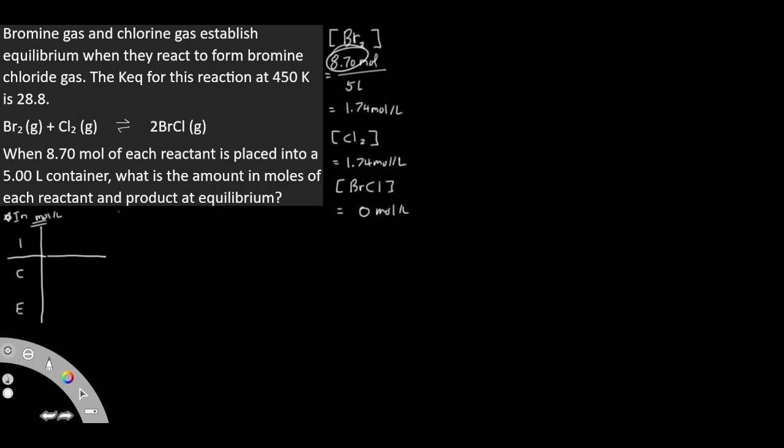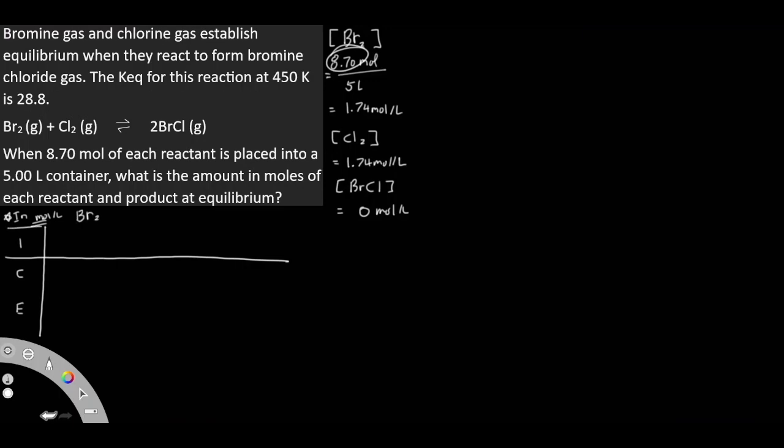We're going to have 1.74, so we're going to put that for 1.74, and then on the very top, let's start off with our labeling on the very top over here. We're going to be dealing with our reactants first. Just go into that order, going from left to right. So let's start with our Br2. I'm going to be putting my Br2 all the way up here.